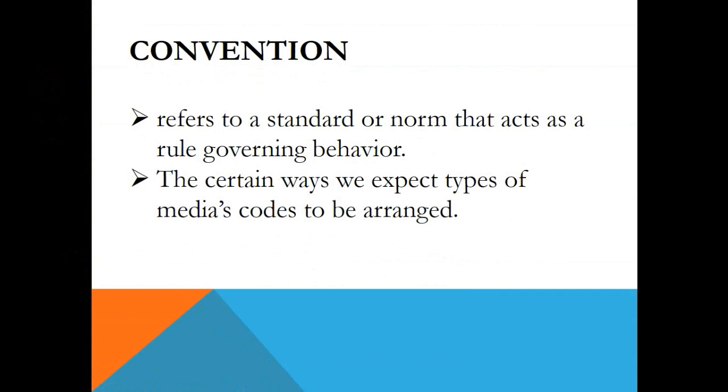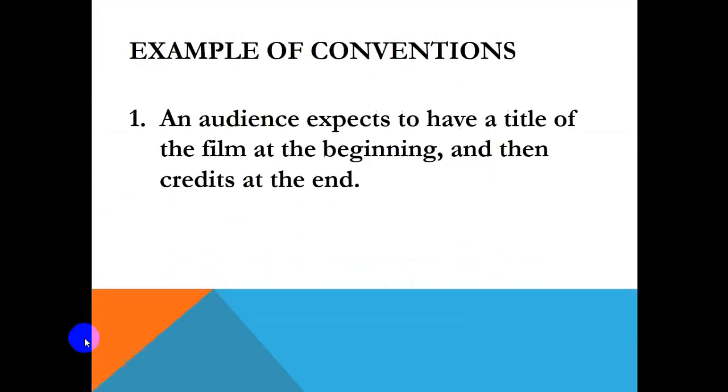Convention refers to a standard or norm that acts as a rule governing behavior. These are the things that we're so used to seeing that when we see them, we instantly know what's going to happen. For instance, an audience expects to have a title of the film at the beginning and the credits at the end.